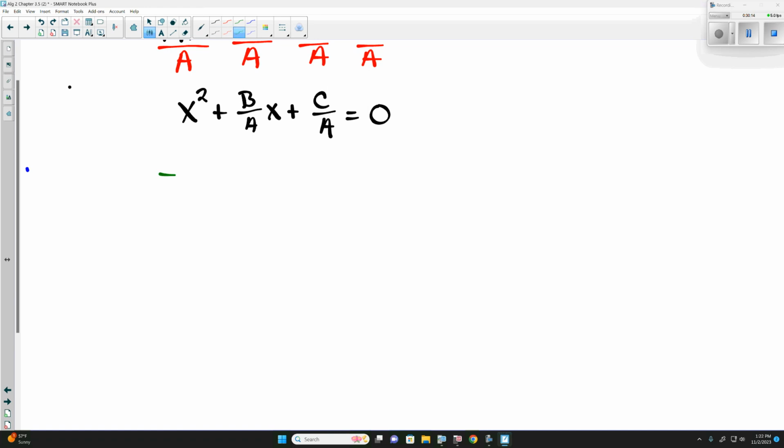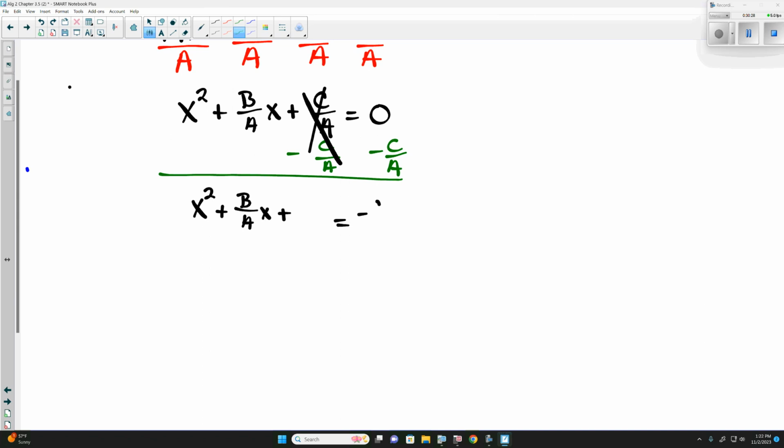At this point, we want to get the variables by themselves. I'm going to subtract this over. Plus, we leave a blank, equals negative c over a plus blank. Now, the term that we plug in there is equal to b over 2 squared.